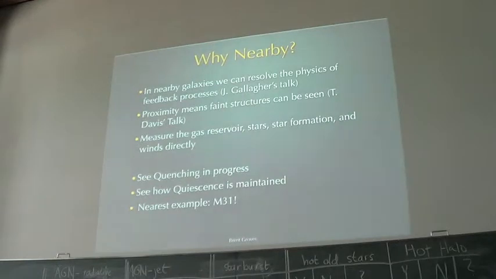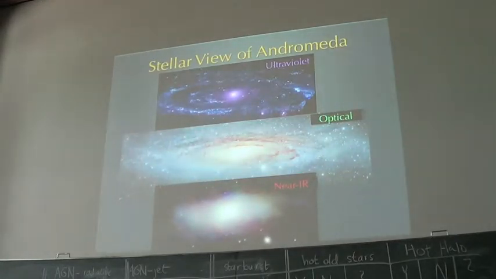Now, like I said, the example I'm going to talk about is M31, which sort of doesn't fit in some respects. It's not a massive elliptical. It's sitting in a small group, but I'll suggest that we can start to see a process in which quenching can occur and a process in which quiescence can be maintained. So, Andromeda: we get everything.